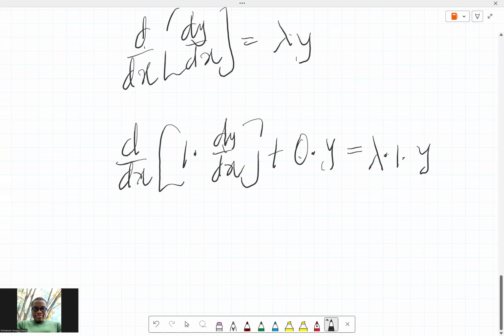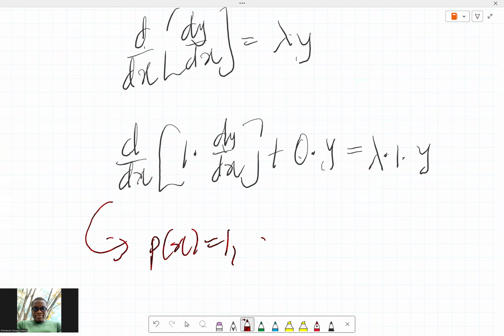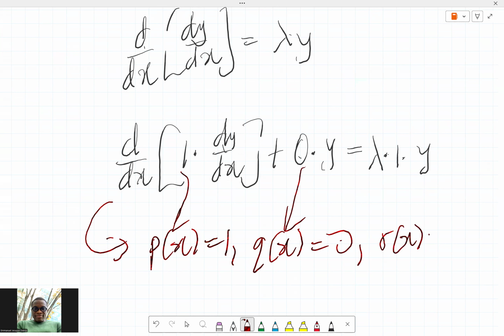So in essence, p of x equals 1, q of x equals 0, and r of x is also 1.